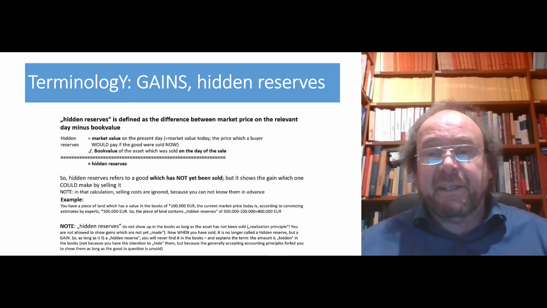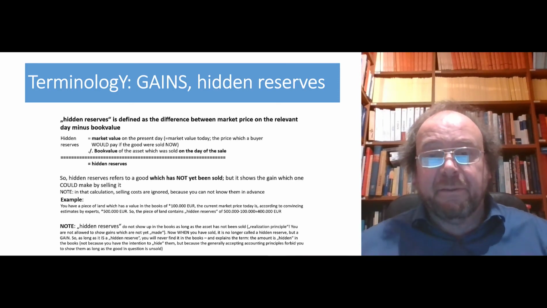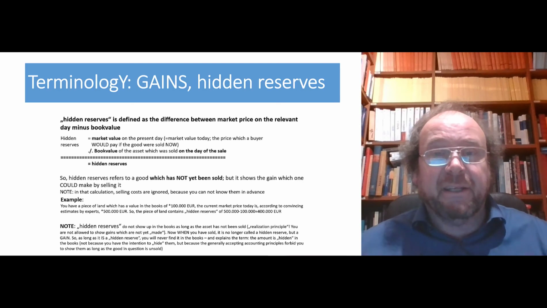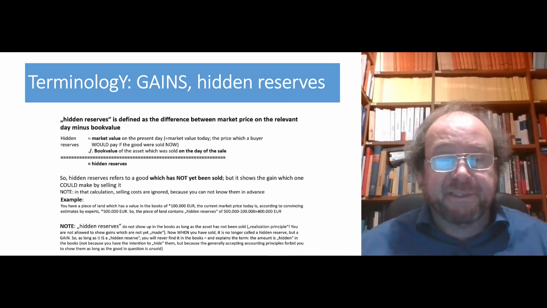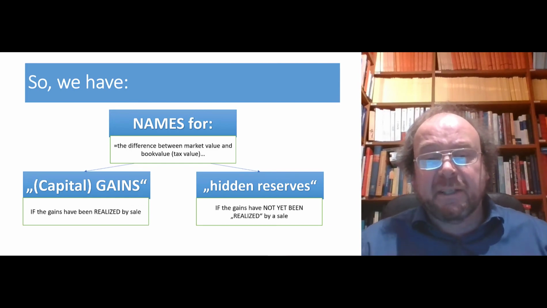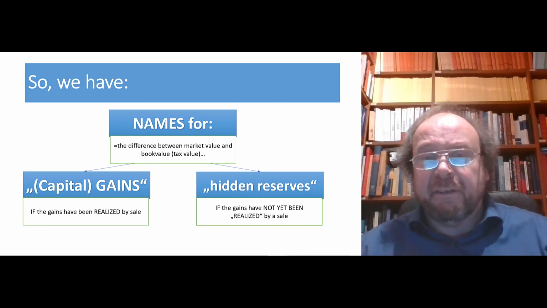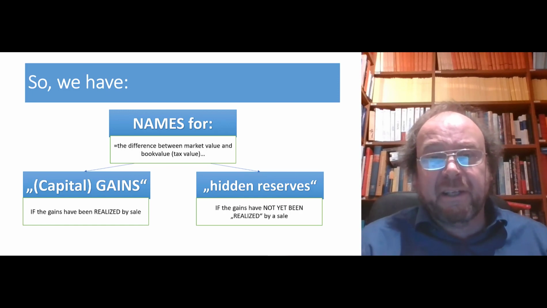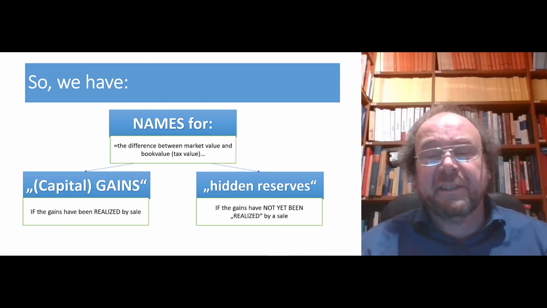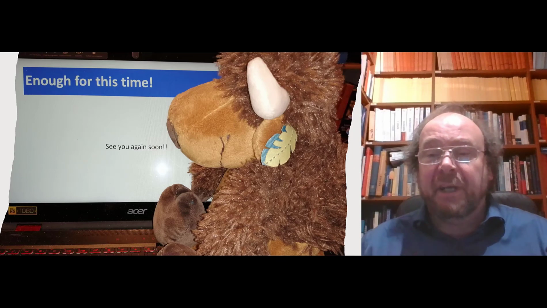So hidden reserves no longer exist when the asset is gone, because a realized gain can no longer be a hidden potential gain, a hidden reserve. So the names for the difference between the market value and the book value differ. If the gain has been made, then it's a gain. And if the gain is just a potential gain and you have not yet sold, then it is a hidden reserve. This is enough for today.